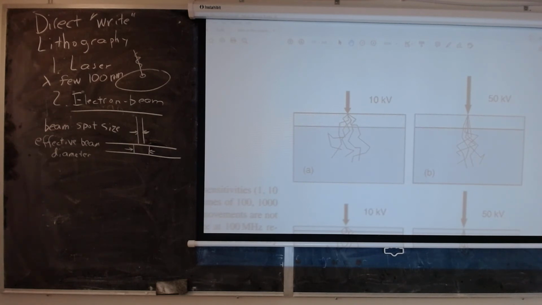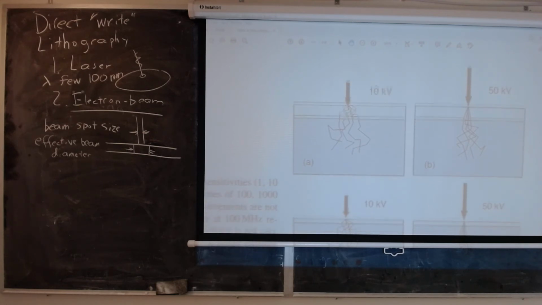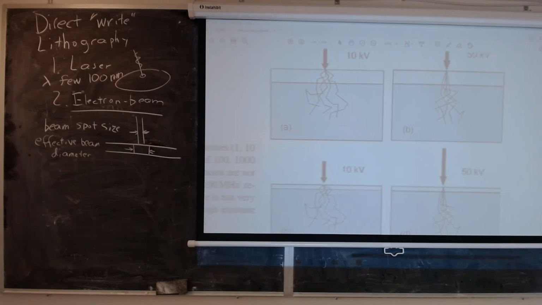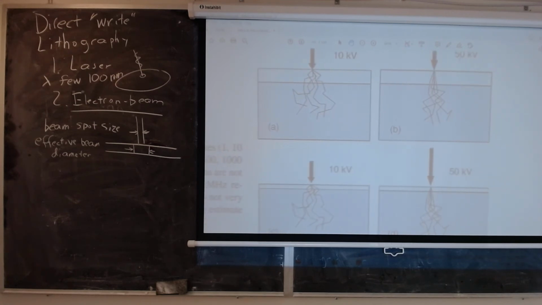And so the effective beam diameter is wider, and it's based upon that scattering. What this chart tells you is that the higher the energy of the beam, which makes sense, the narrower the effective beam diameter in the photoresist is, because the electrons tend to go straight.